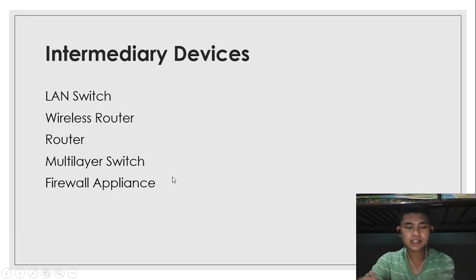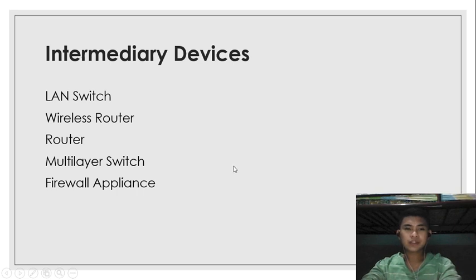A wireless router is a device that enables wireless connectivity or wireless routing and serves as an access point to a local area network. It works just like a wired router, but the wires are replaced with wireless or radio signals to communicate within and to external network environments.